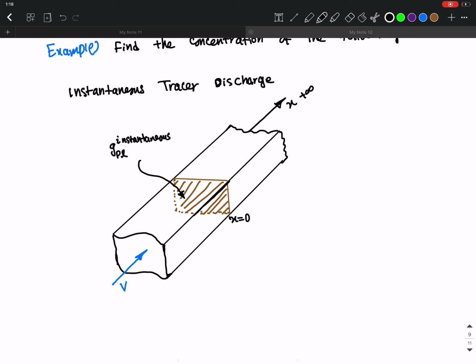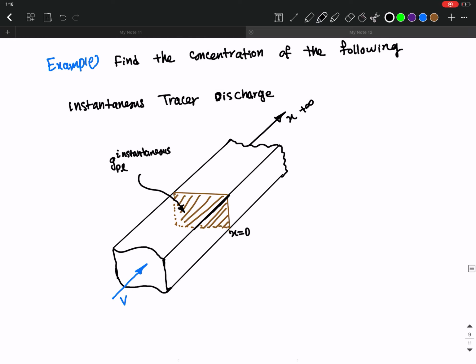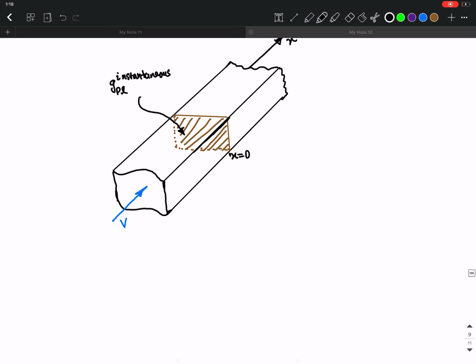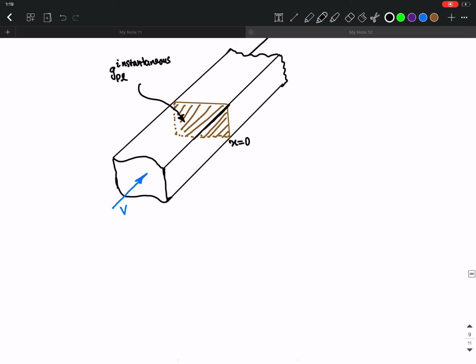Okay, so the question is, find the concentration of this instantaneous tracer discharge, and the equation that we have is: partial c over partial t plus v, we also have now the advection term, v partial c over partial x, minus the diffusion term, d partial square c over partial x square, equals the source term.